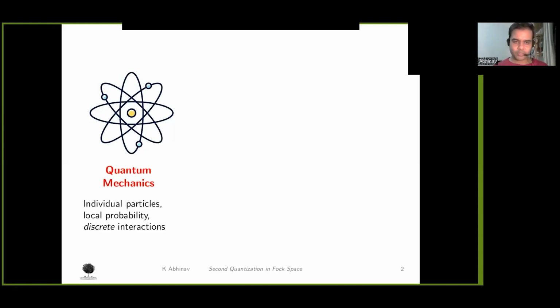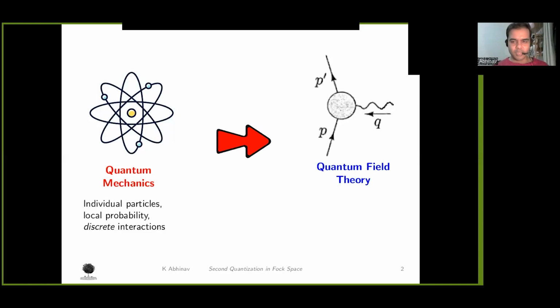So we use something called quantum field theory to handle such systems. What is quantum field theory? It's a huge topic in itself, but as you can see in this Feynman diagram, it represents a particle of momentum p absorbing a photon of momentum q and transforming into a particle of definite momentum p prime.